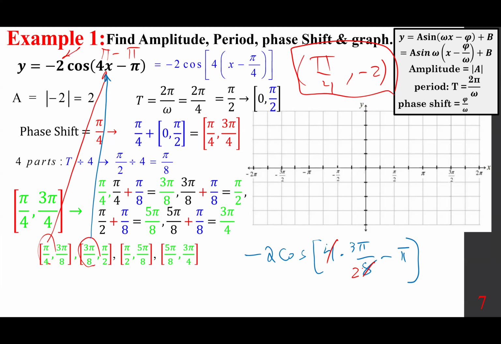Three pi over 2 minus pi is pi over 2. What is cosine of pi over 2? 0 times -2 is 0.